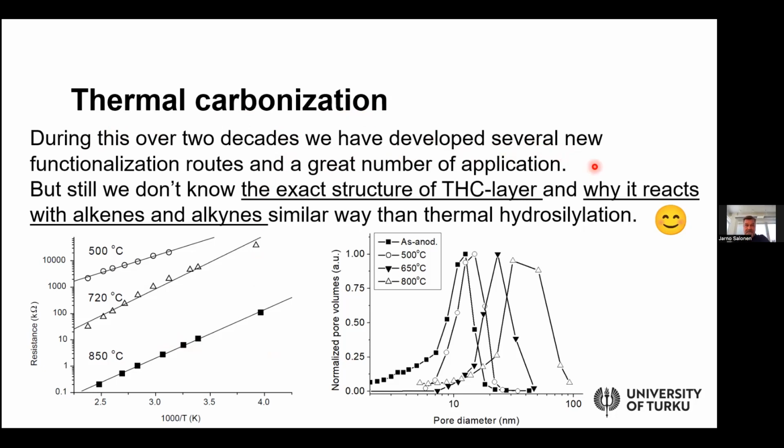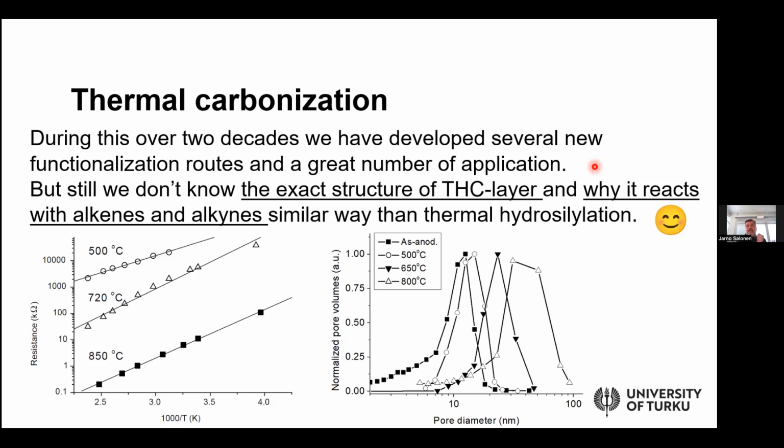But still, we don't know the exact structure of this thermally hydrocarbonized layer. It's impossible to figure out. There are hydrocarbon species, there is some double bond still left from the acetylene molecules and things like that.